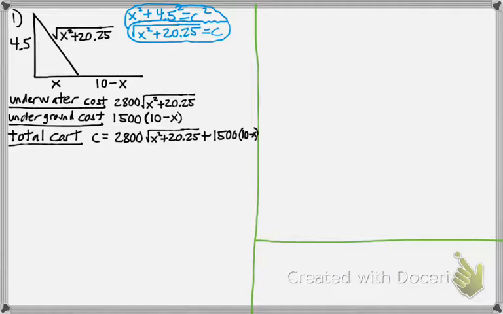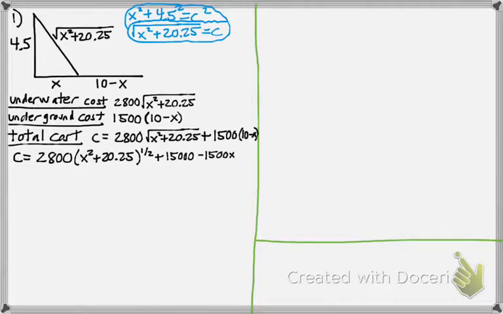And I'm going to rewrite this a little bit. So c is going to be 2,800 times x squared plus 20.25 raised to the 1/2 instead of the square root. And then I do want to distribute the 1,500 to be 15,000 minus 1,500x.